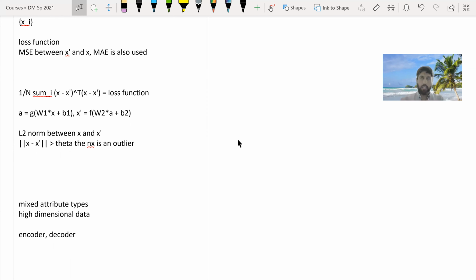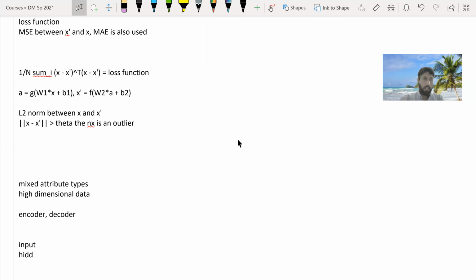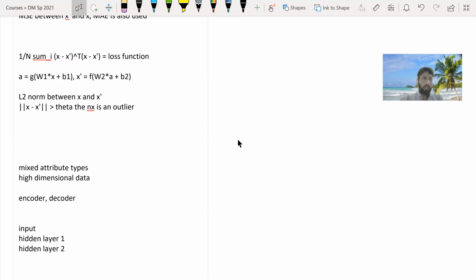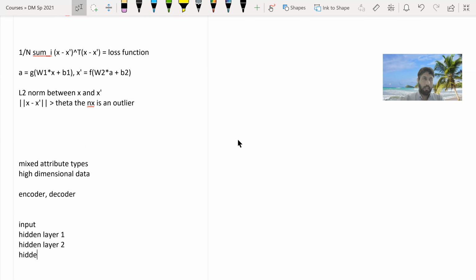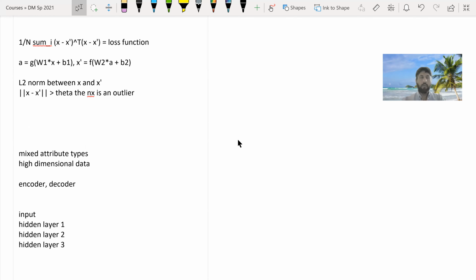Of course, you can increase the number of layers, especially when you have very high dimensions. Maybe you can have multiple hidden layers. So you have input, then hidden layer 1, then hidden layer 2, and then hidden layer 3, and then you go in the reverse direction to the output.